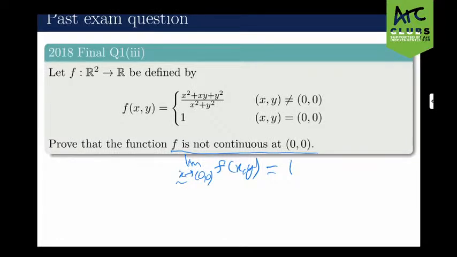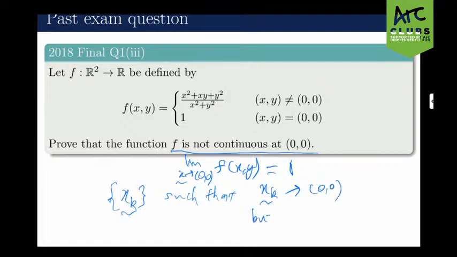Now, what I need to do is find a sequence of points xk such that this sequence converges to 0, 0, but f of xk does not approach 1.